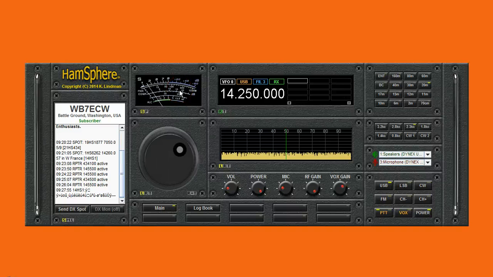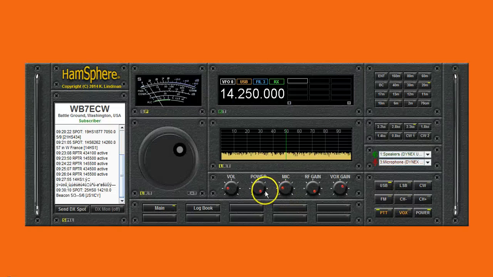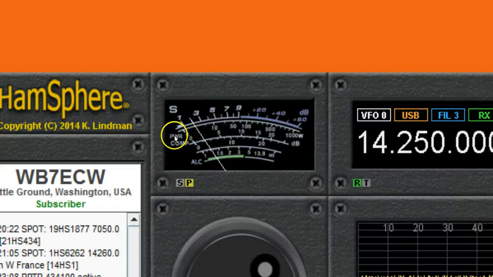I should probably mention at this point these little buttons on the controls. These are new. That's because 4.0 has a lot more customization than 3.0. So if I want to use my S meter as a power meter, in other words, to show how much I've got my power turned up to, notice right here it says PWR, and it says 0, 10, 50, 100.